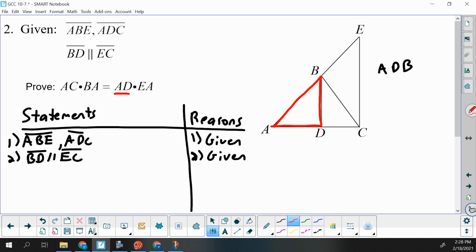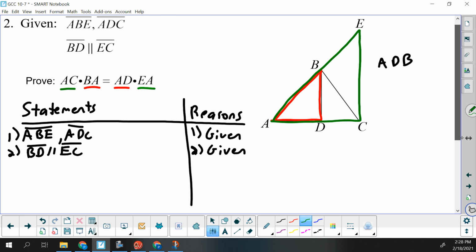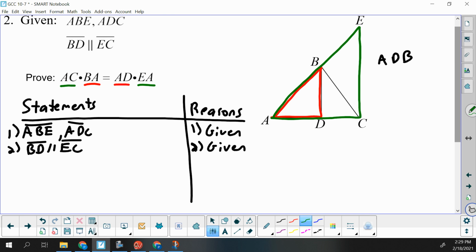AD, and which of the other three is a side in there? BA would be the other one. So that means our two remaining sides, AC and EA, must make up the other triangle. So AC and EA means we're working with the huge triangle. So EAC, and the letters might not be matched up right. We'll worry about that when we get to that step.